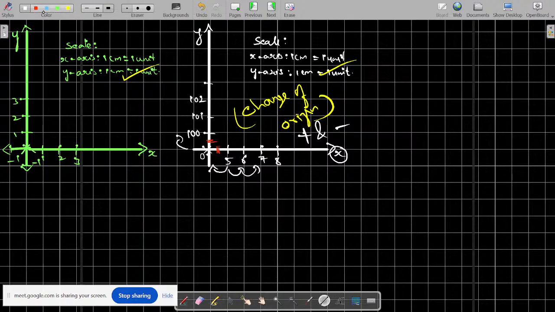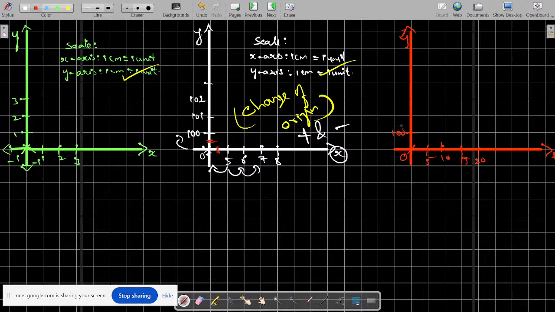Probably, I'll take red color. Same, x-axis and y-axis. What shall I have for scale? Origin, 0. Shall I take as 5, 10, 15, 20 and so on?